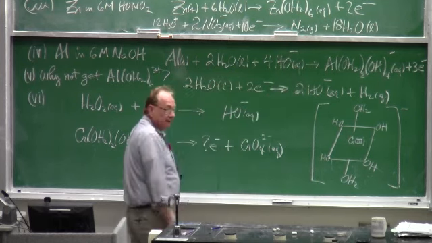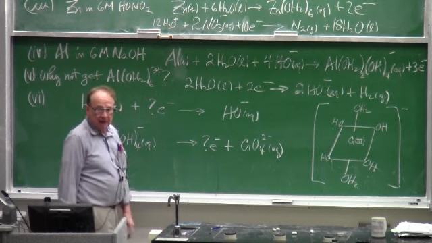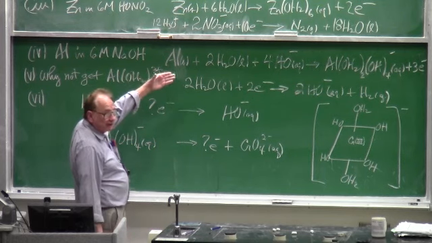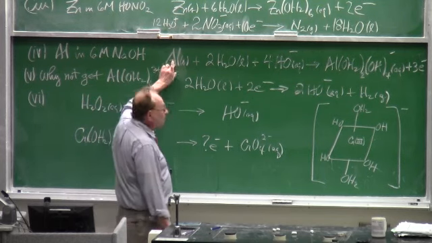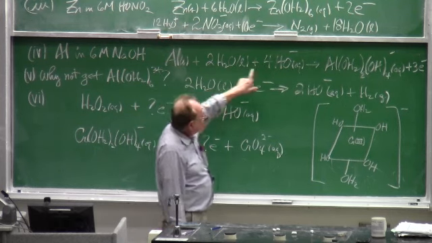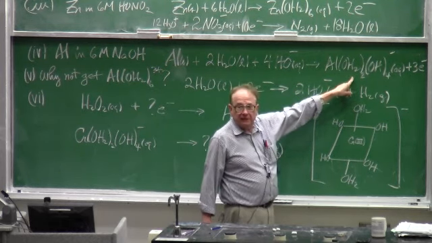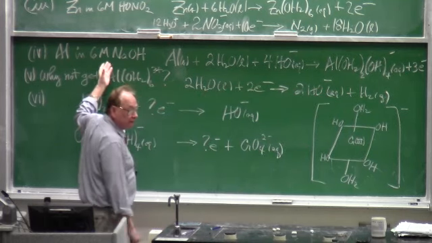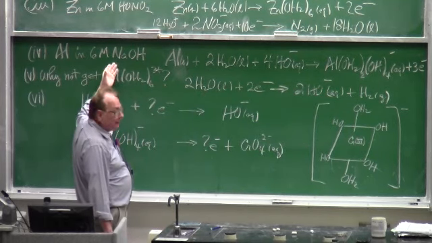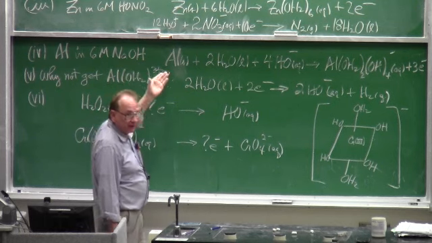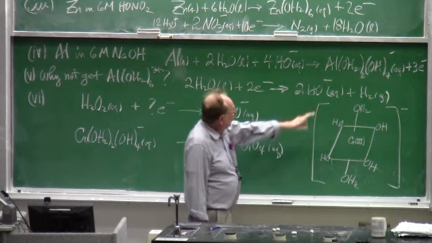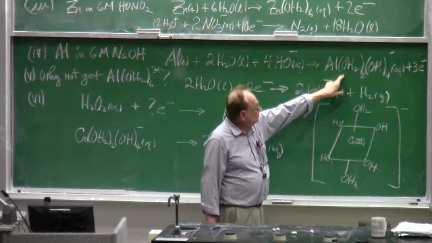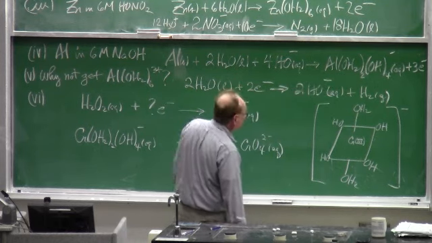And how can I, very simply, write this half reaction equation, where I know aluminum is what's being oxidized, and I know this is the aluminum-containing oxidation product. All I got to do is remember my inventory for the system. I got water and hydroxide ion all over the place. So to make one of these, I need 2 water molecules and 4 hydroxide ions. So I put them in. Done.